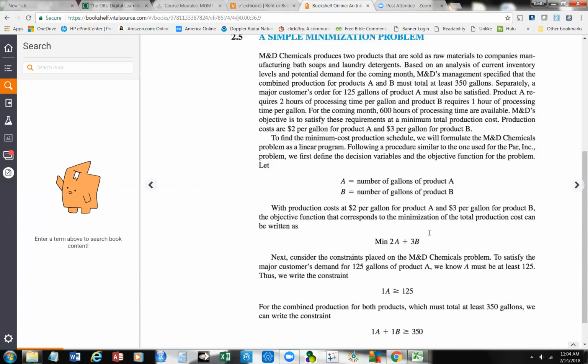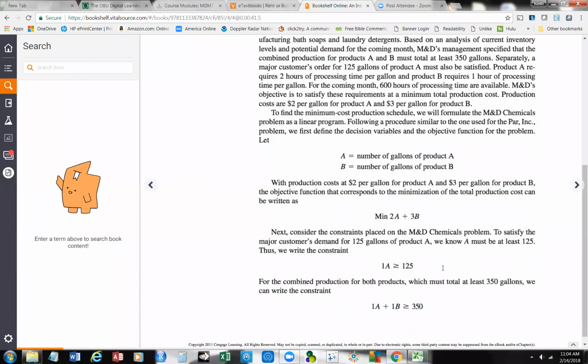Well, that being said, we see that we have a certain number of gallons of product A and product B. Then we have the objective function. This is the math behind this. And remember, in management science, we always look for a model.